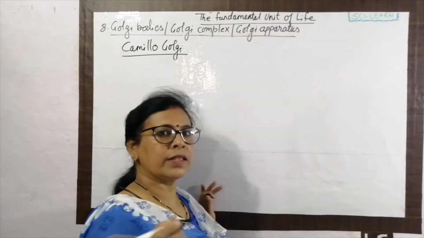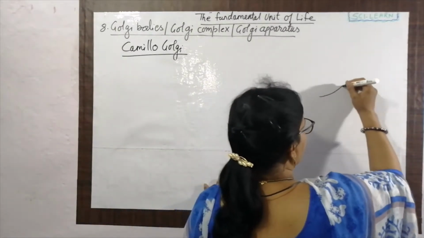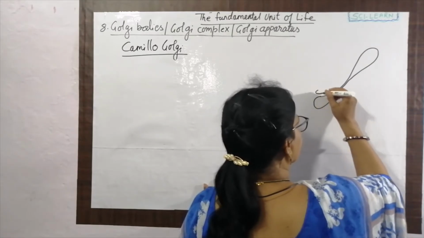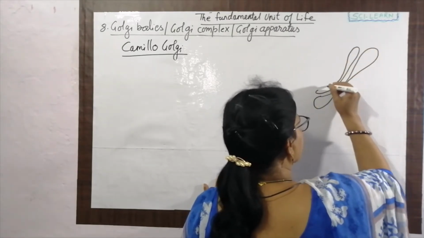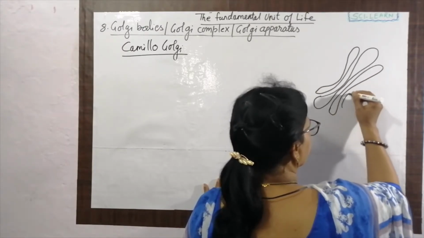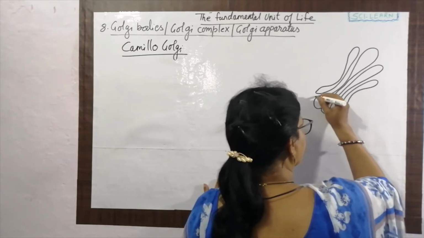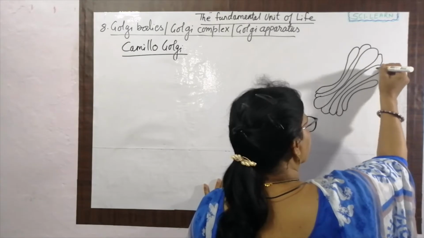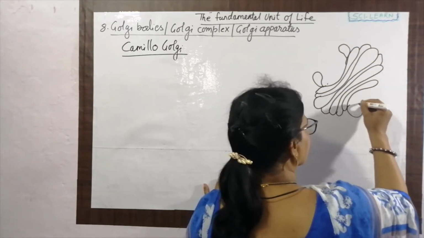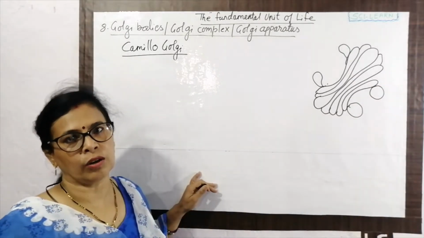Outside the nucleus, it is a complex structure because of the group of plates which are present here. Somehow like this. Okay, somehow this is the structure of the Golgi complex.